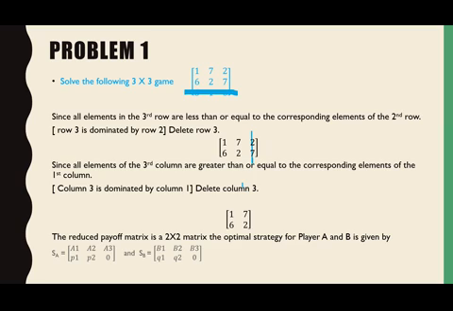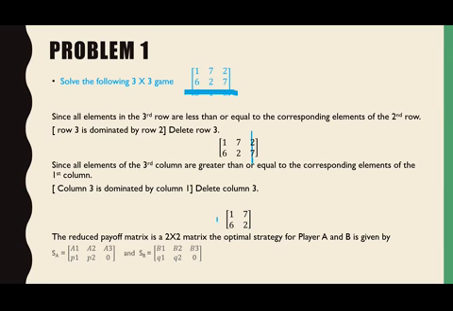Now I am remaining with a problem which is a 2 cross 2 problem. 1, 7, 6, 2. So when you have a 2 cross 2 problem, you know solving it is very simple. So what are the strategies that I am left out with? 1, 7 is A1, 6, 2 is A2. So when I take 1, 6, it is B1, 7, 2 is B2.